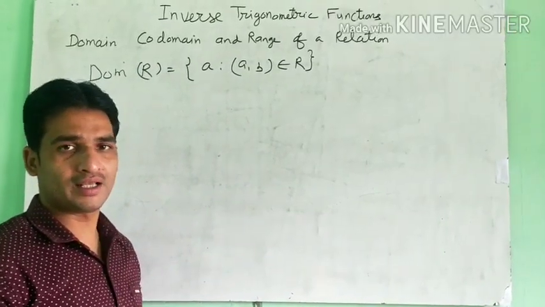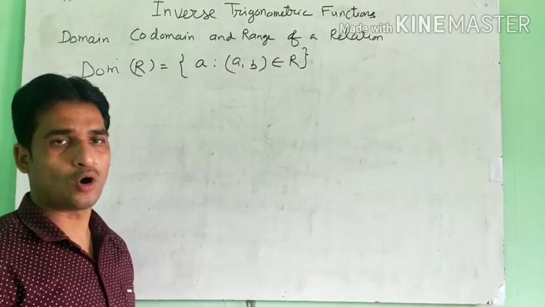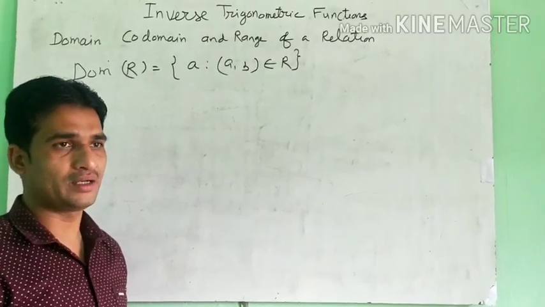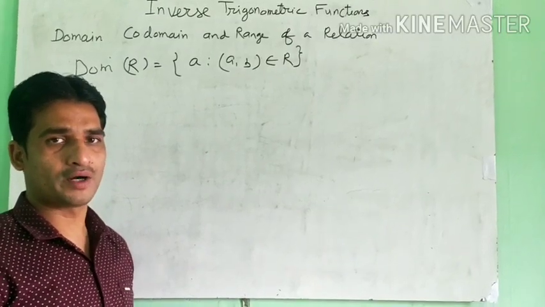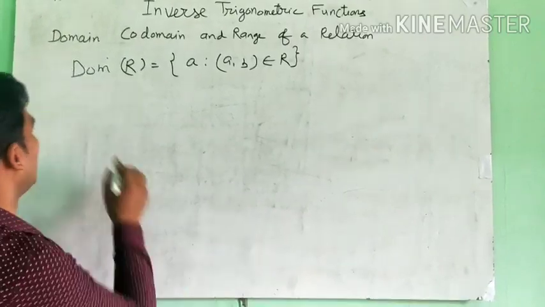It is the set of all first elements of all ordered pairs of a relation.